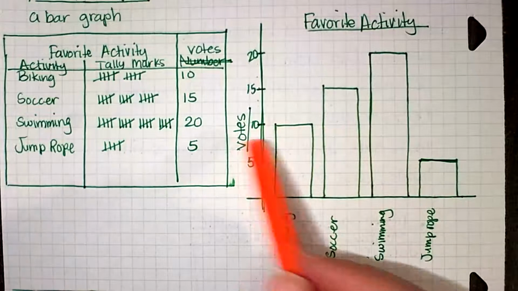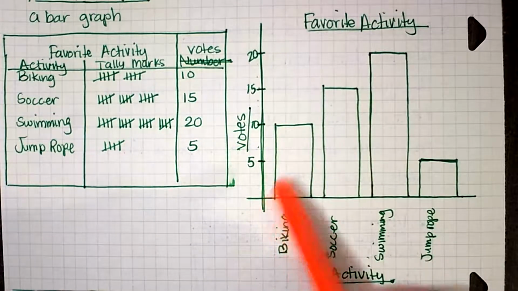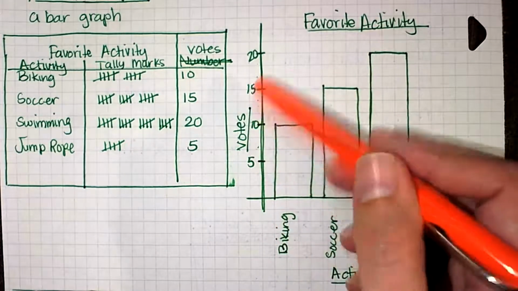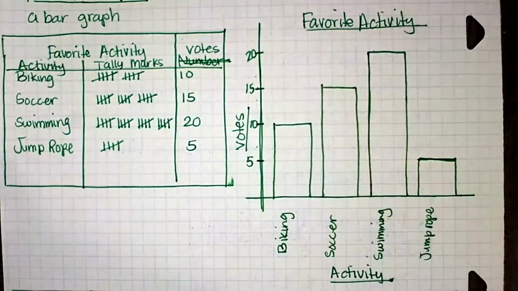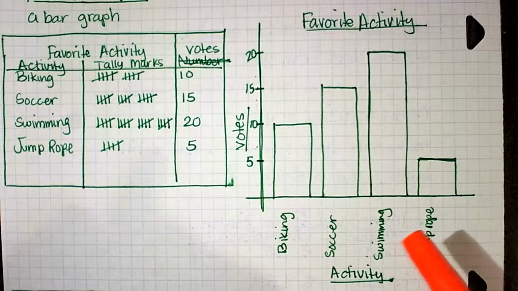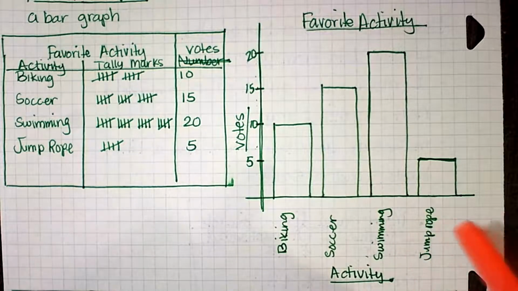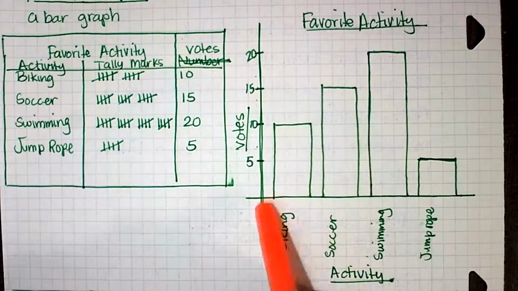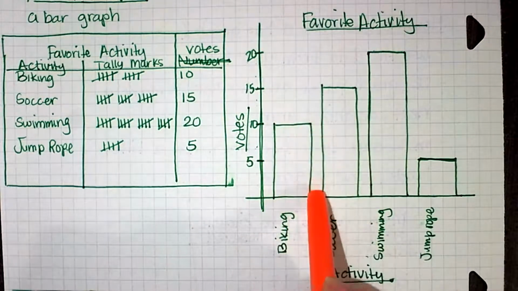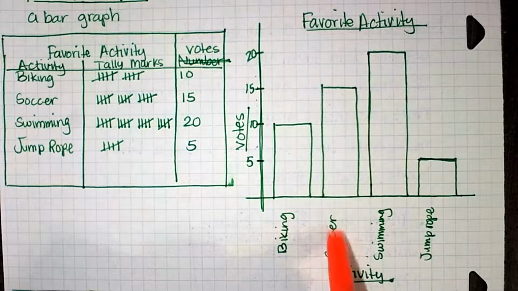And the side over here is the number of votes that it got. So I skip counted here by 5s, 5, 10, 15, 20. And then I started to use the information from my data table to be able to create the bars in my bar graph. So for biking, I saw that it got 10 votes. So I made my bar up to the 10 line. For soccer, it got 15 votes.